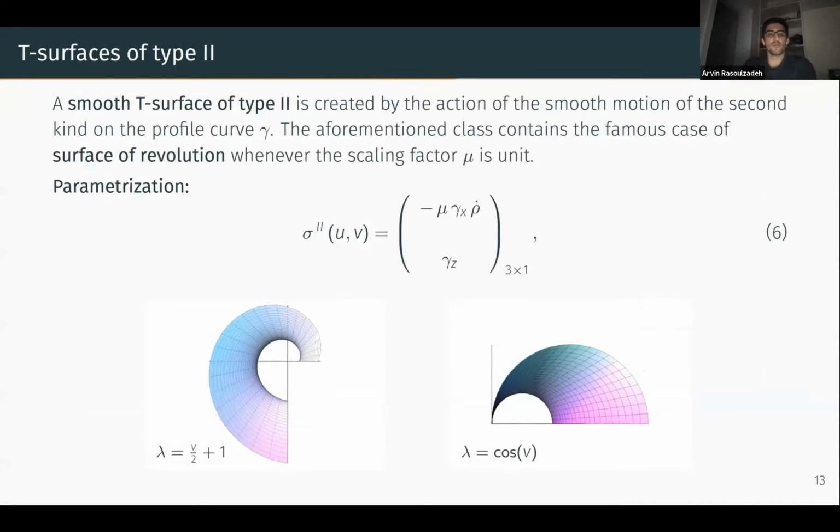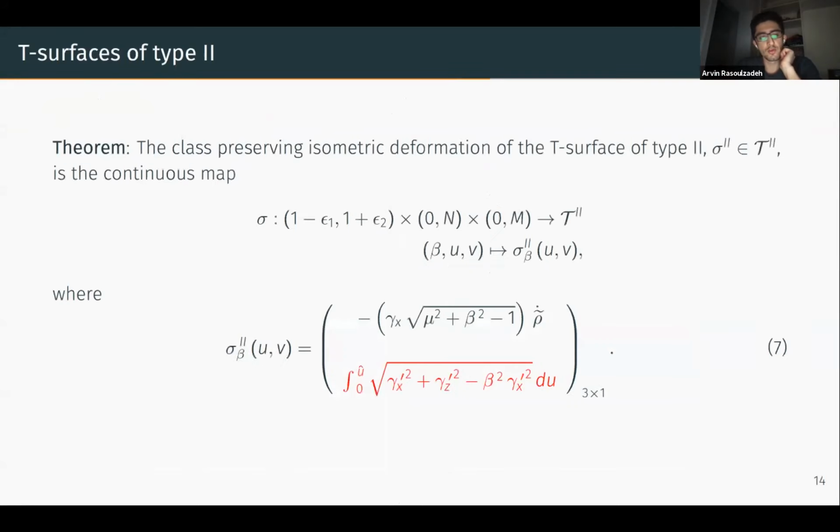T surfaces of type 2. As we mentioned before, these kinds of T surfaces are obtained by the action of the smooth motion path of the second kind on the profile curve. On the bottom, I give you two pictures of these kinds of surfaces from a top view with two different scaling factors, and their parametrization is given here.